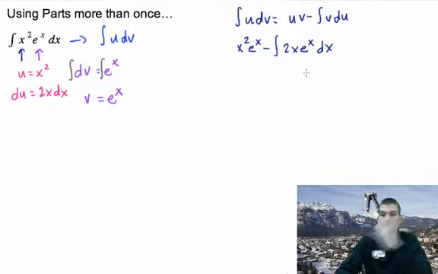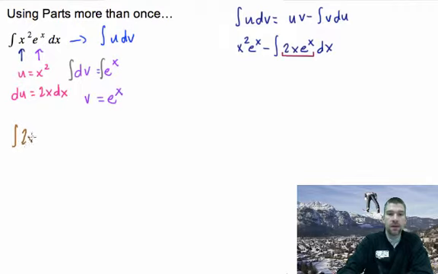All right. I'm going to have to do parts again. How come? Because this guy right here doesn't integrate to something that we already know. He stays kind of complicated. So we're going to do parts again, and we're going to pick a u and a v again, and we're going to work with the integral of 2x e to the x dx.